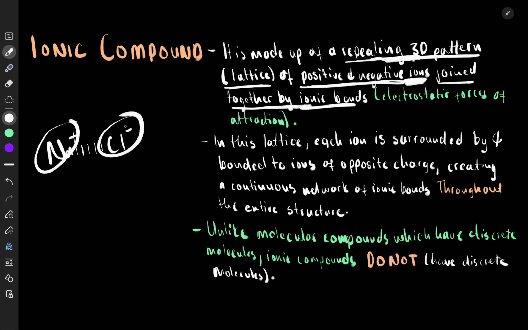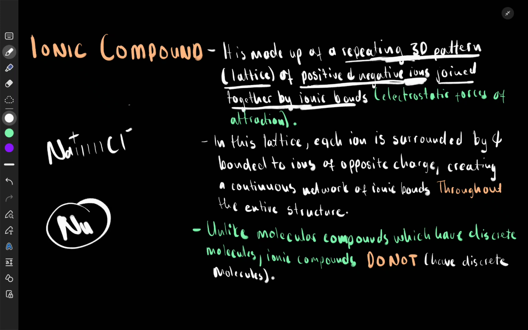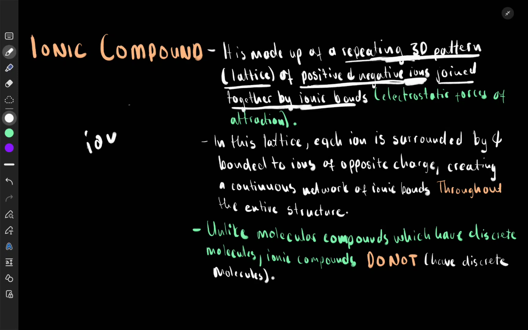If you lose or gain electrons, you become an ion. You either become positively charged or negatively charged. If you take a sodium atom, and you make it lose an electron, it's going to become an ion. Or gain an electron, it's going to become an ion, because it has lost or gained an electron.